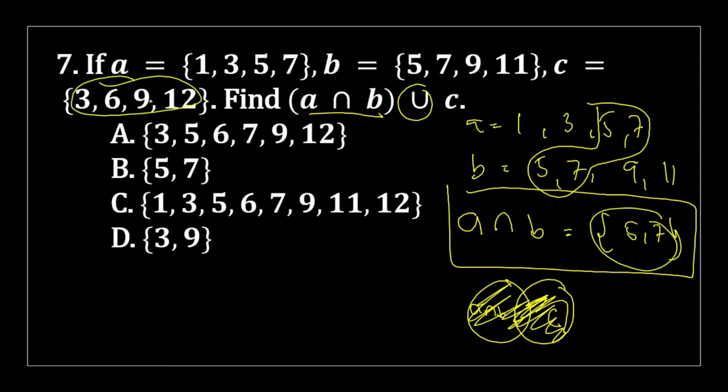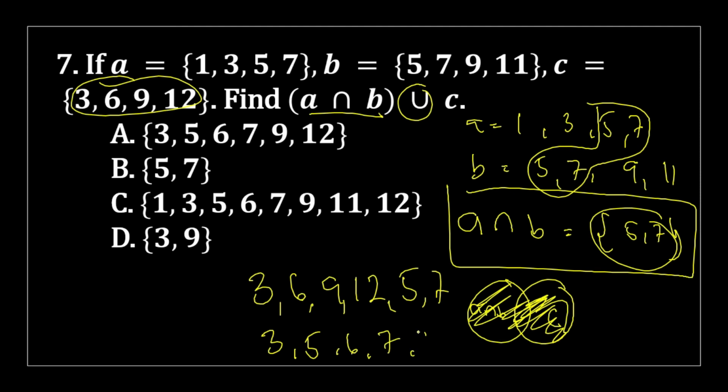There's no number that intersects between the two. So if we list all the numbers, we have 3, 6, 9, 12, 5, 7. Now let's rearrange it from lowest to highest. We have 3, 5, 6, 7, 9, 12, and that is letter A. That is the answer for number 7.